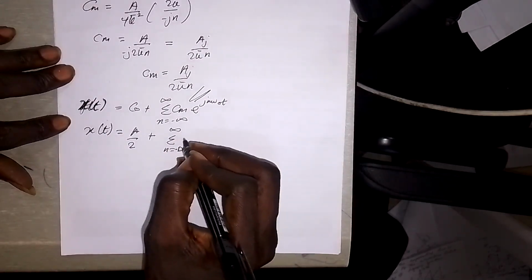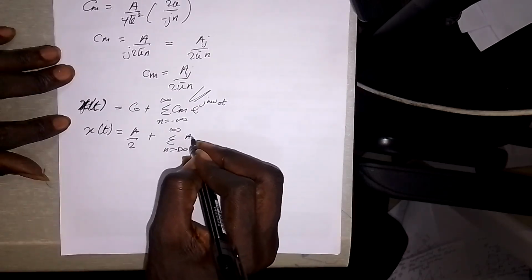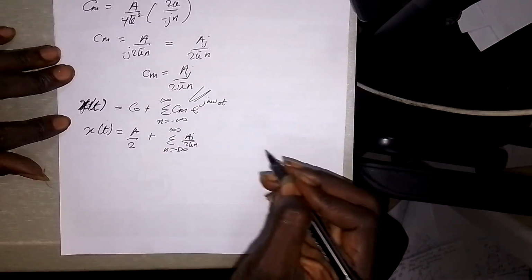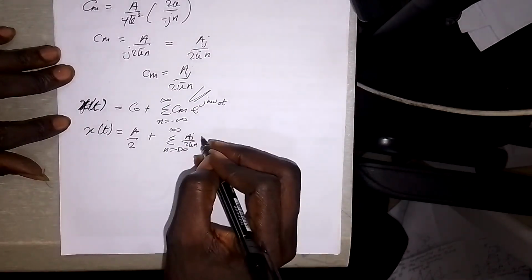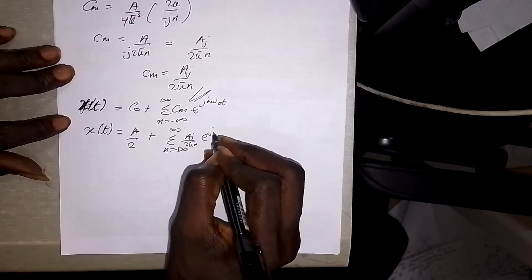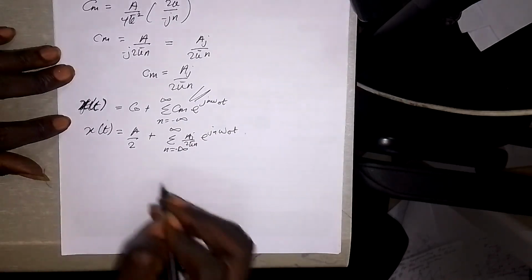So here I'm going to have aj over 2 pi n into e to the jn omega naught t.